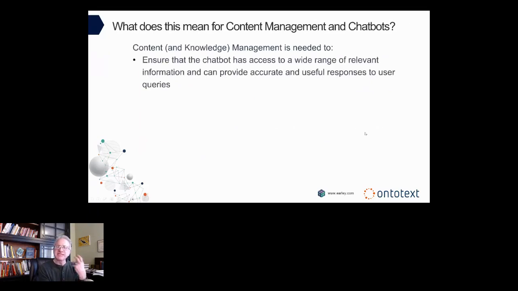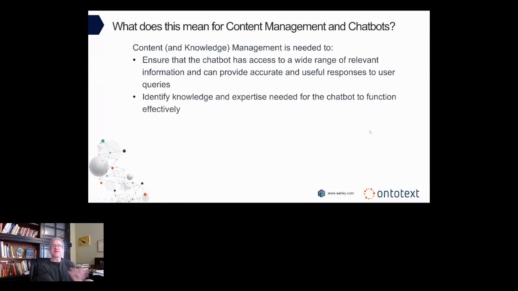But content management and knowledge management is needed to make sure that it has the information. If it doesn't have the information, it'll make it up. But you can also, with retrieval augmented generation, tell the model, if you don't have the answer from this information source, say, I don't know. That, with the temperature turned down to 0, will virtually eliminate your hallucinations.